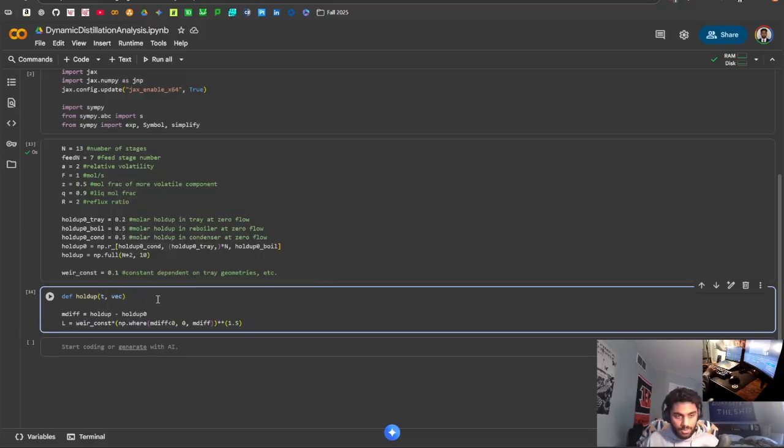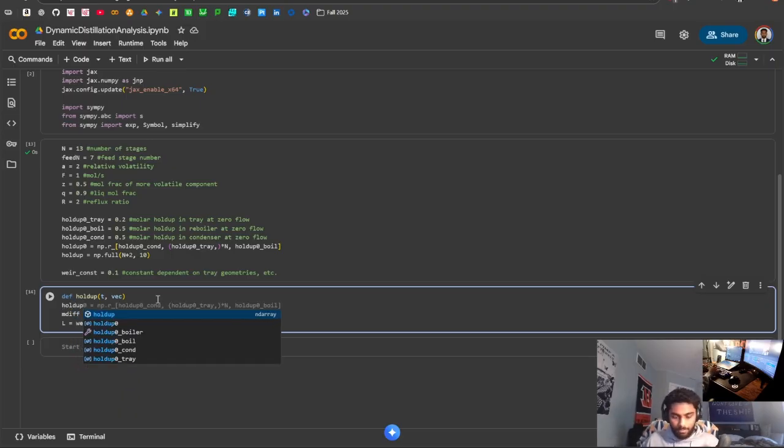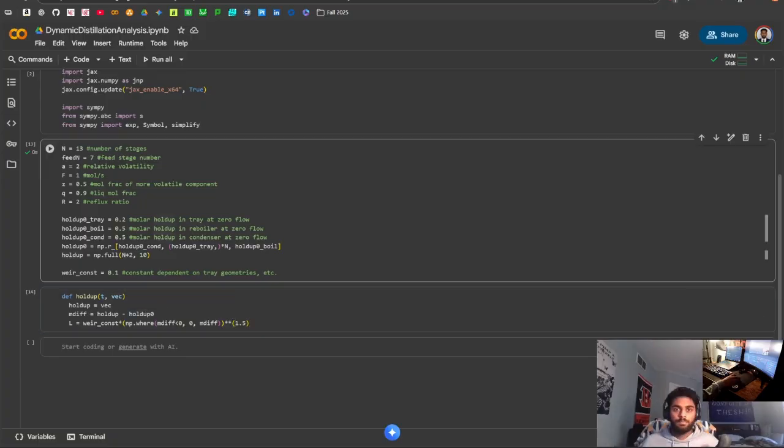And that vector is going to be unpacked into our Holdup. And then based on that, it's going to calculate our mole differential, and then it's going to run our conditional and calculate our liquid flow rates. So this is a good starting point for us to go on from.